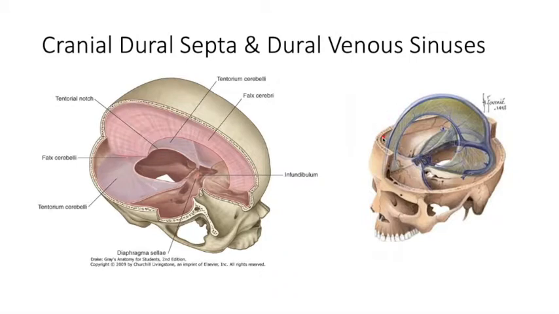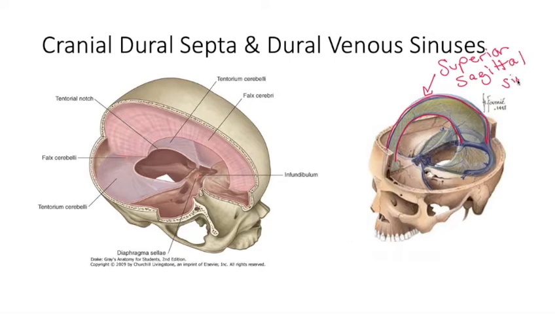So you'd have the two hemispheres of the cerebrum on either side. And then you can see on the superior edge of the falx cerebri, you've got a sinus, and then the inferior edge, you also have a sinus. Now the superior one is called the superior sagittal sinus because it goes in a sagittal plane.